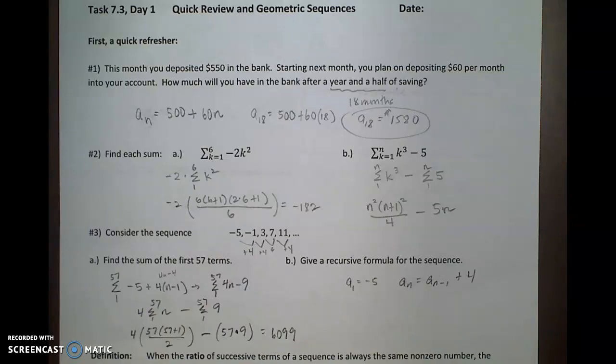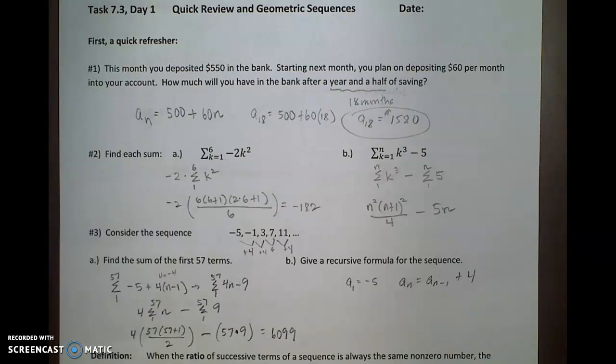For number one, it was a word problem situation where you were asked to find out how much is in the bank after saving a certain amount of money per month. You want to start off by creating this explicit, noticing that it's an arithmetic, because we're adding the same value each month.